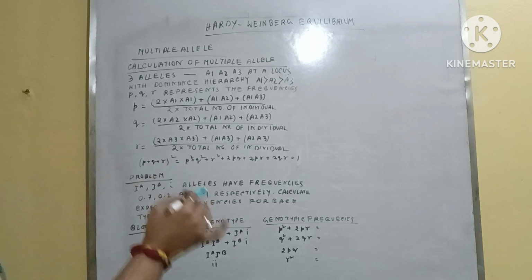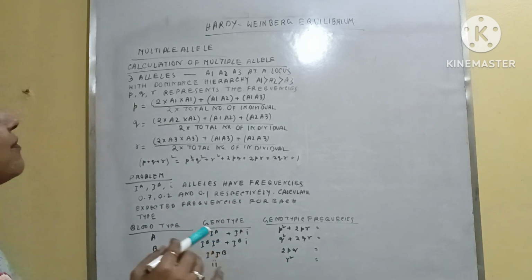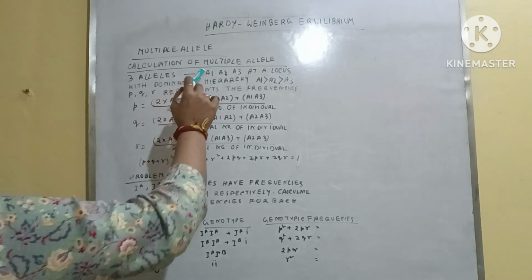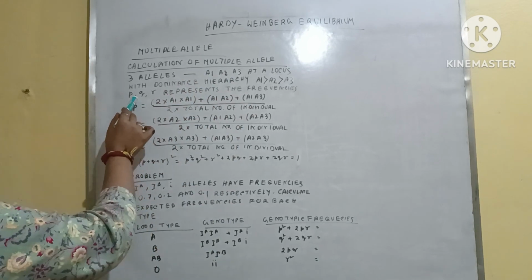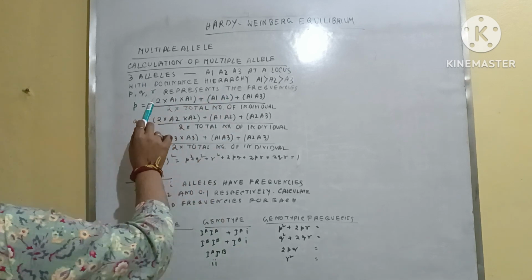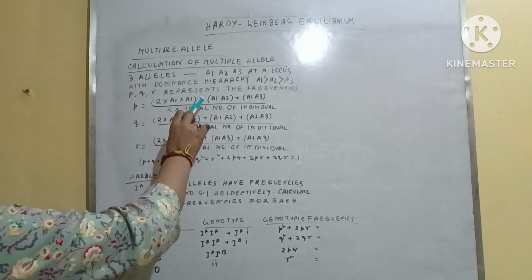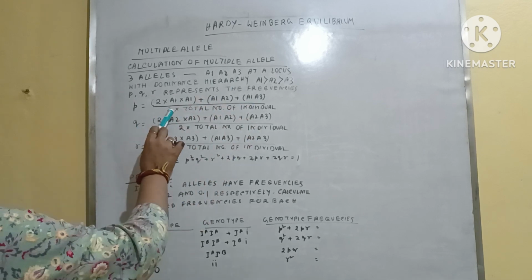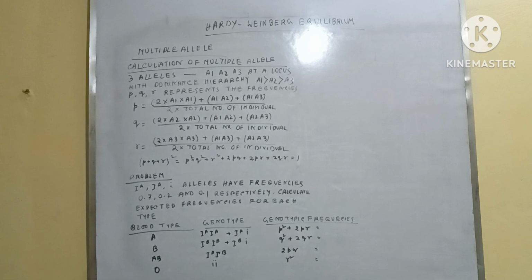And in the multiple allele calculation, you have to memorize the actual formula. That is, if there are three alleles, you have to calculate small p in such a way. That means 2 into A1 A1 plus A1 A2 plus A1 A3 by 2 into total number of individuals.